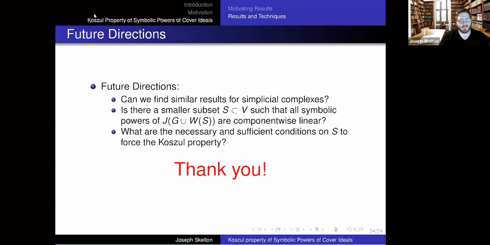So can we get a similar whiskering effect? Is there a smaller subset? We used a cycle cover, but there are graphs where all symbolic powers are vertex decomposable, but don't have a whisker on every cycle. And can we get necessary and sufficient conditions? This goes back to, can we get a smaller set? That's where my thoughts are headed right now.